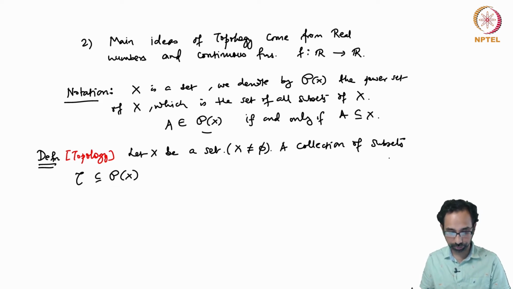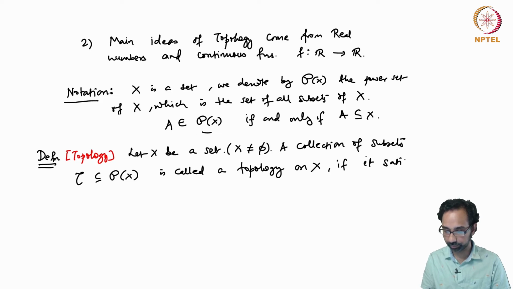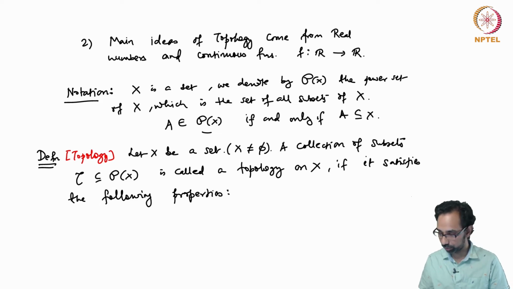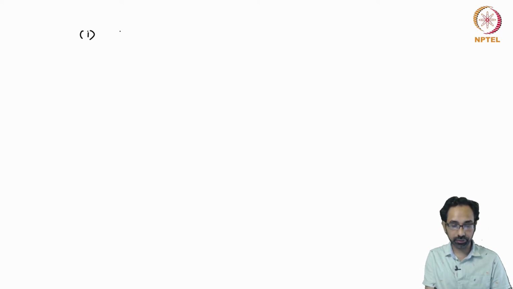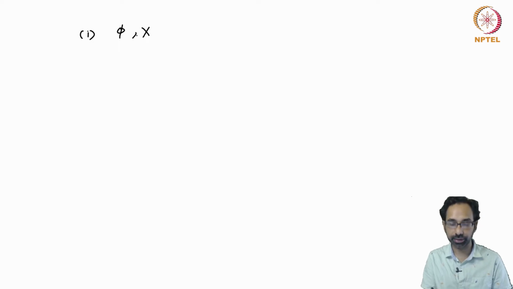So a collection of subsets tau is called a topology on X if it satisfies the following properties. The first property that it should satisfy is that the empty set phi and the set itself X are in this collection tau.